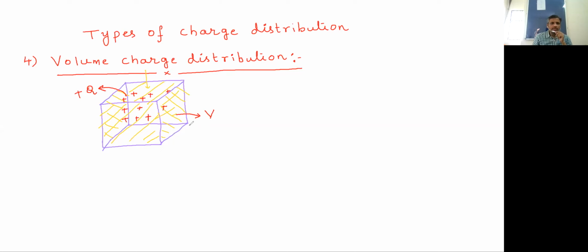Now for this also we have a charge density, which we call the volume charge density. Rho v is called volume charge density, and let us define it for uniform charge distribution.